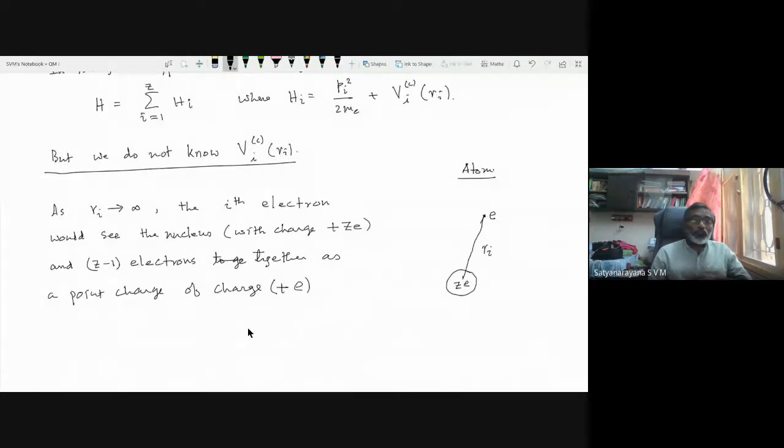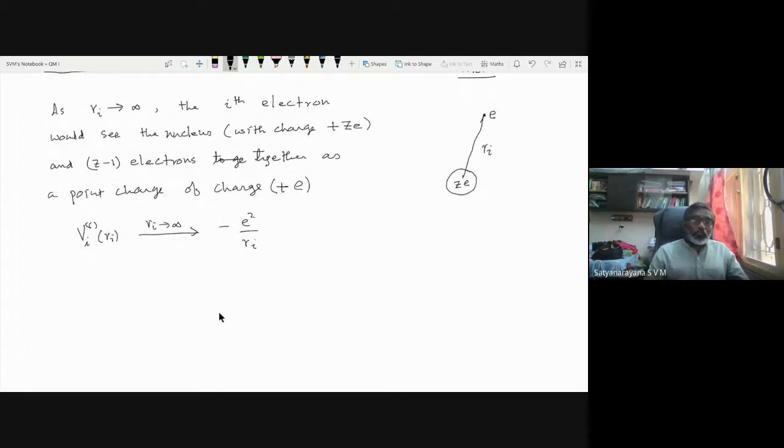Why? Because the nucleus charge is plus Ze and the charge of the Z minus 1 electrons is minus Z minus 1 times e. So it will be Ze minus (Z minus 1)e, so it will be 1 e. So it will see it as a charge like this. Because of this, the central potential Vc of Ri, as Ri goes to infinity, will go to minus e square by Ri. This is the form of this potential asymptotically as Ri goes to infinity.